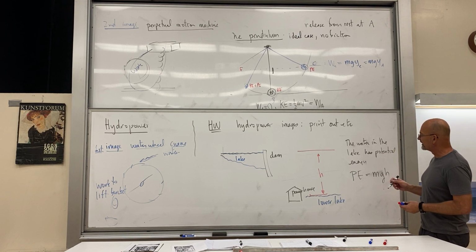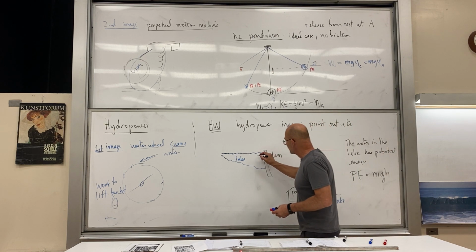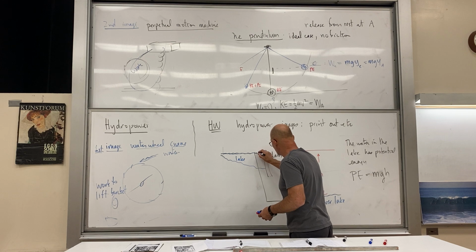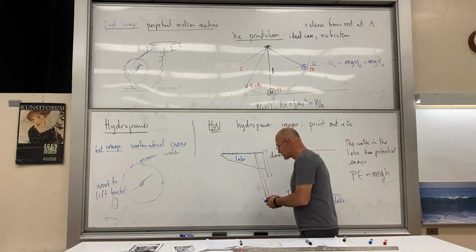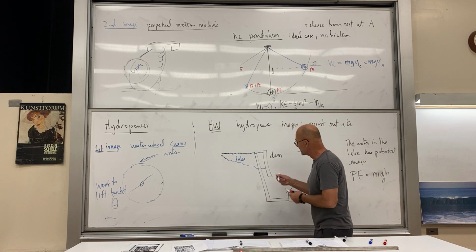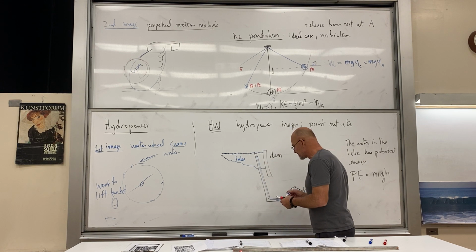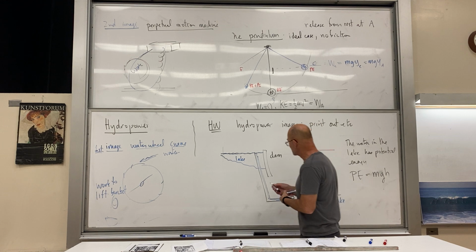So the next thing is that a pipe has to run down to the powerhouse. That's what sends the water down there. Okay. And this pipe here, or tunnel, is referred to as the penstock.